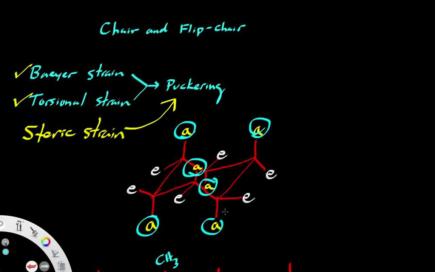And then we have equatorial, and equatorial simply implies that we have a bond that's moving to the side, such as that of an equator, and that helps people memorize that. E is going to represent equatorial, while A is axial.